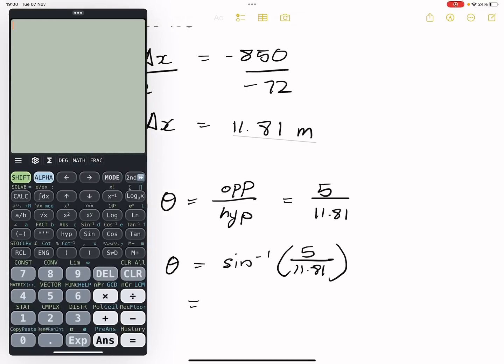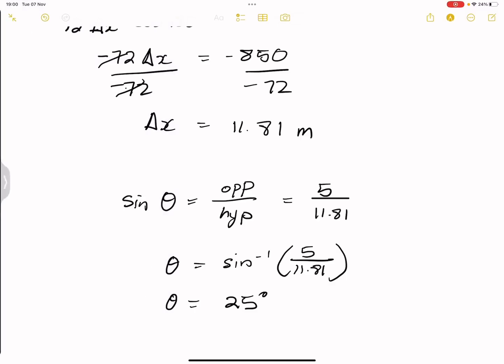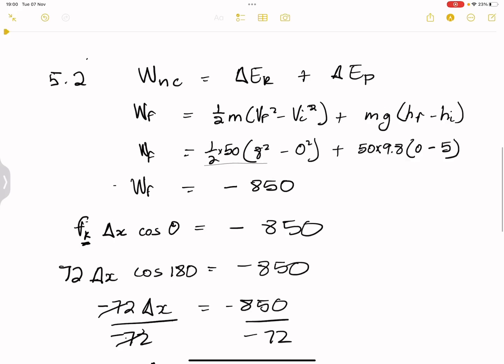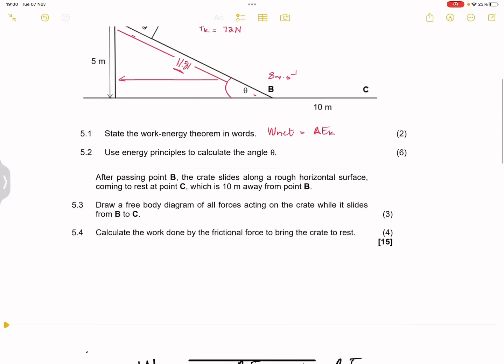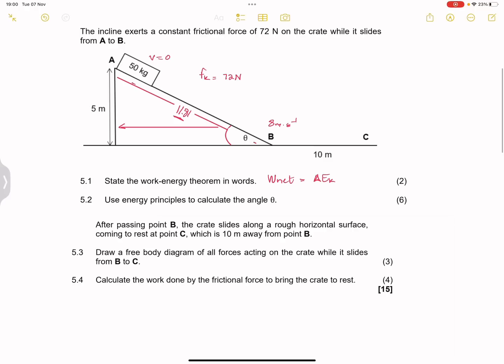So to find that angle, we're going to say shift sine of 5 divided by 11.81, and I get a value of 25. Well, let's just say 25 degrees, right? So our angle will be 25 degrees. Okay, right. Nothing wrong if you decided to approach it using the work energy theorem, okay?